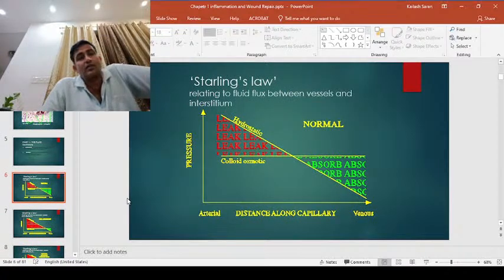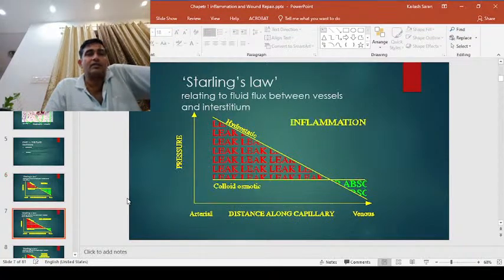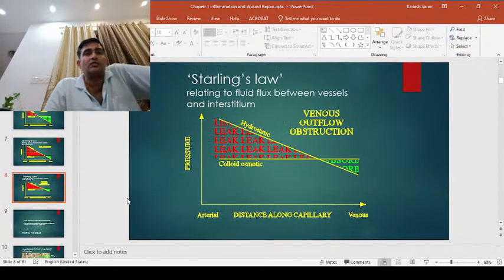Starling's law: if you connect these questions to the physiology in first MBBS, in cardiac output you are reading the Starling law. So this is connected to the pathology also, inflammation. This is the normal graph, this is the inflammation graph, and this is the venous outflow graph.